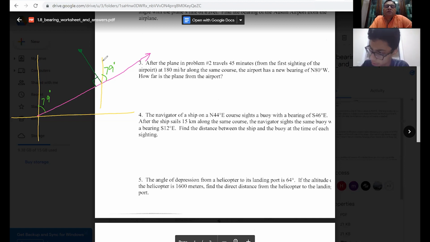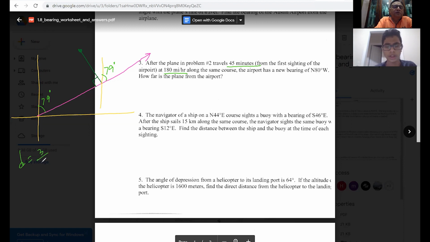It says after the plane in problem 2 travels 45 minutes from the first sighting of the airport at 180, so the rate is 180 miles per hour. So the distance traveled in 45 minutes: 45 minutes is 3/4 of an hour, right?